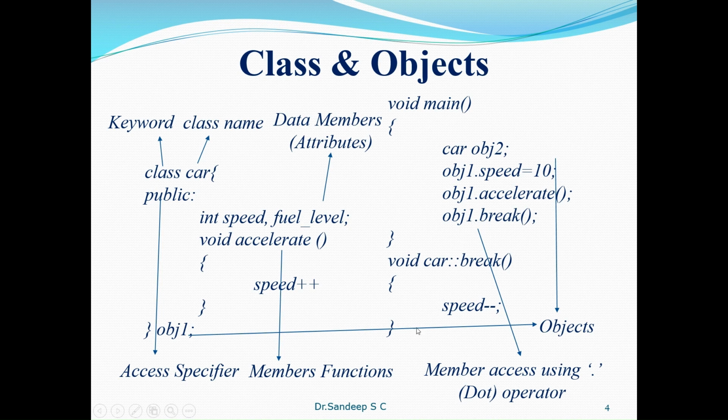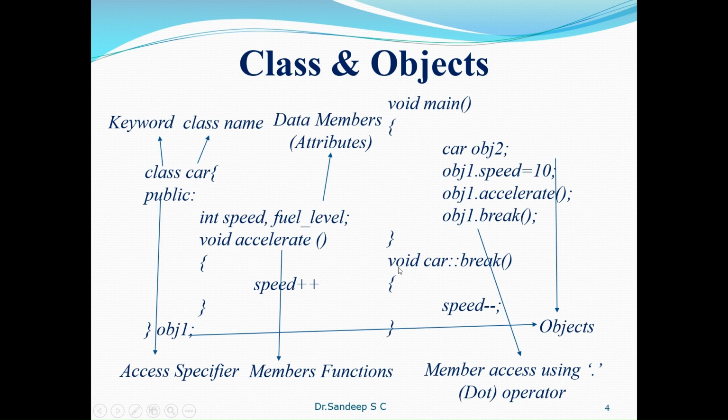One more important thing is that the member functions we define can be defined either inside the class or outside the class. If we define inside the class, directly we write the return data type, function name, and if any arguments are to be passed, the list of arguments and then the function body. Whereas when we want to define a function outside the class, we have to use the scope resolution operator.